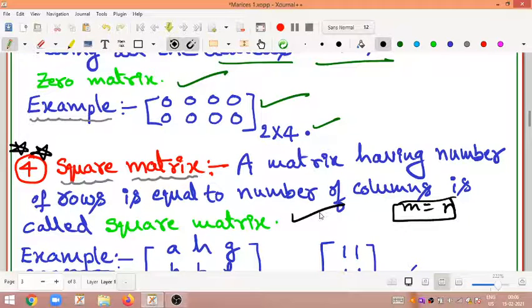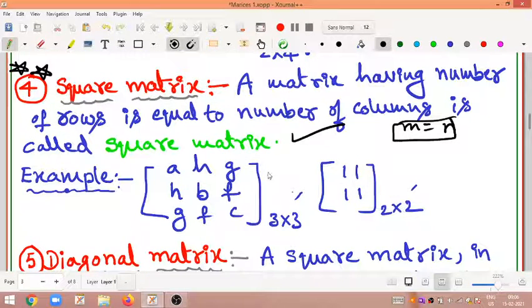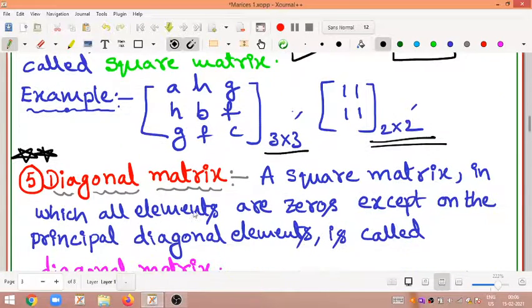So that's why this is called a square matrix. Example, see here a, h, g; h, b, f; g, f, c. This is of order 3 cross 3, and 1, 1, 2, 2. This is of order 2 cross 2 or 2 by 2. This is most important. Next, further one, diagonal matrix.